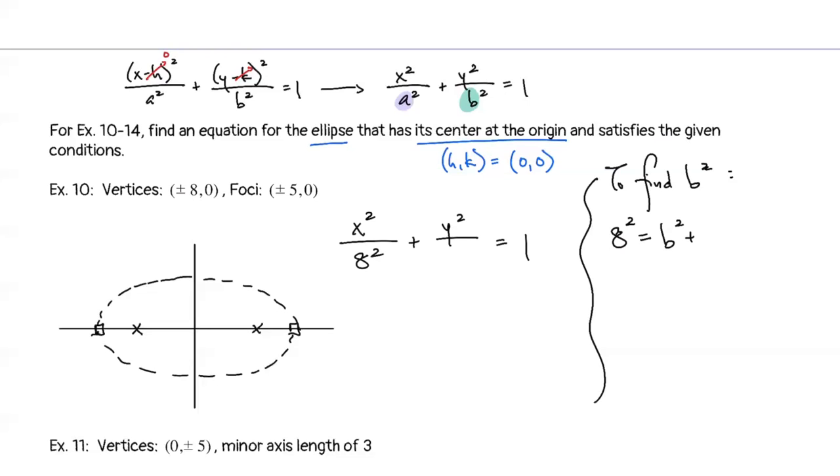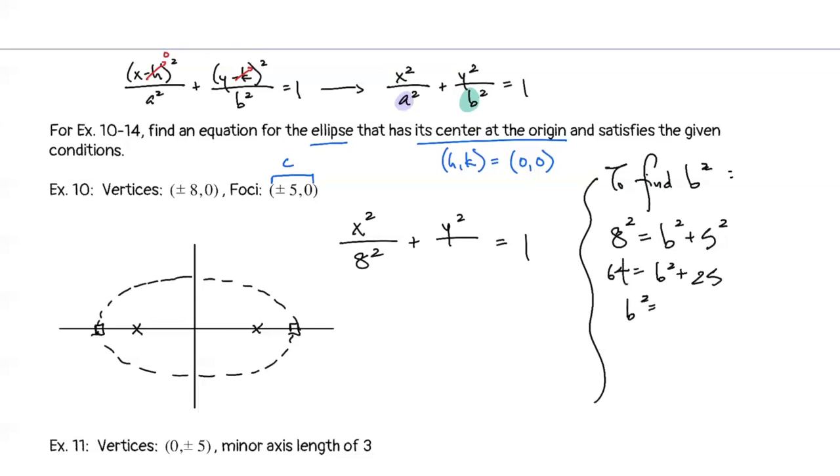Five squared. Nice, nice. When we have information about the foci, that tells us our C. Okay. All right. 64 equals b squared plus 25.